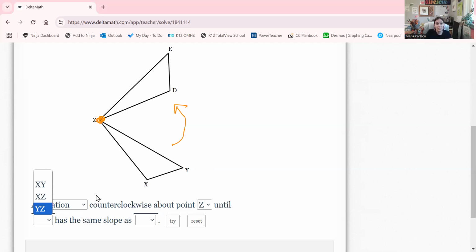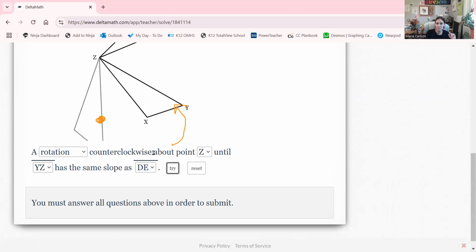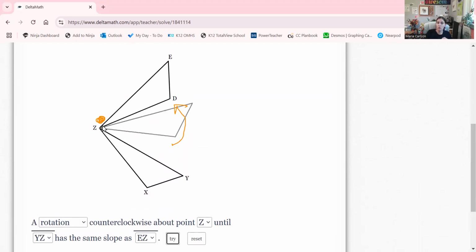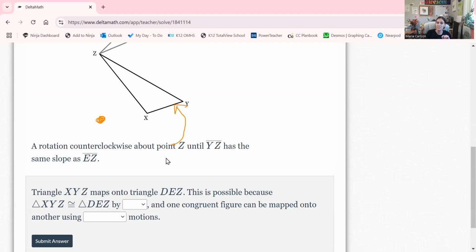So until ZY, or YZ, the long side, has the same slope as EZ. And notice if I mess up, I'm going to select DE instead. It's not going to be quite right. So we want these corresponding sides, YZ and EZ, to have the same slopes.